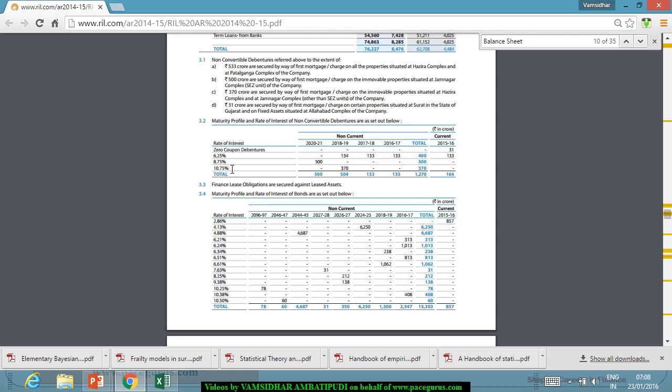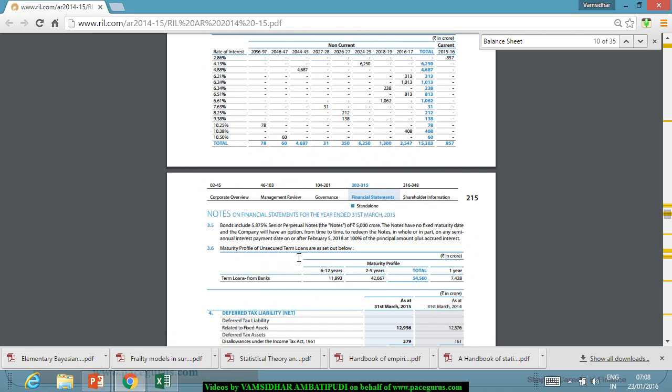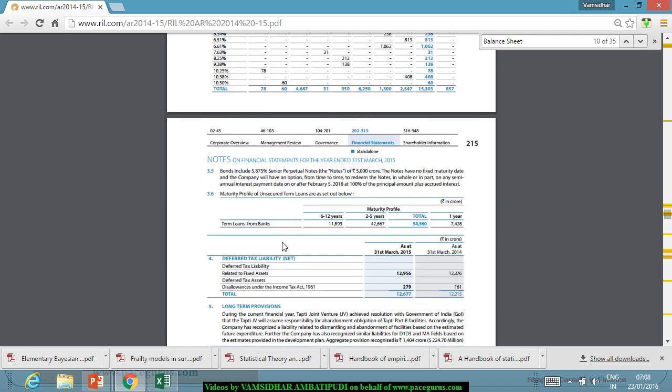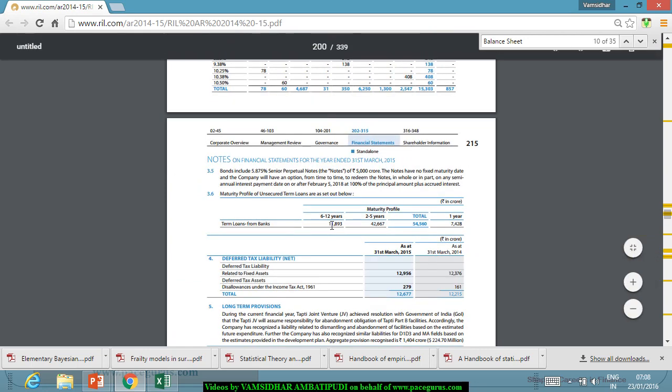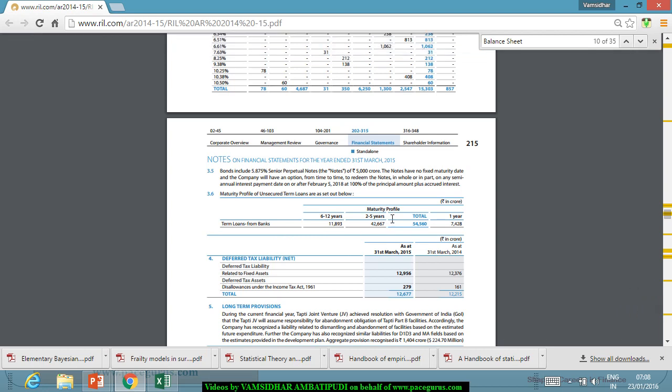We have bonds at 6.25, at 8.75, so different kinds of bonds for different time periods. You see some of the loans are there for 6 to 12 years, and some of them have 2 to 5 years. So this is the total stuff.